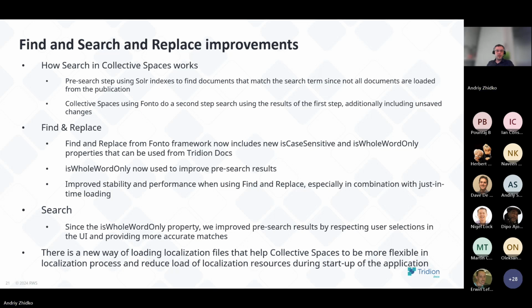Also, the Fonto framework gives us a new way of loading localization files that helps Collective Spaces to be more flexible in the localization process, and it greatly reduces the localization resources loaded during startup of the application, because previously we were loading the bundle of all localization files. Now we are loading only the localization based on the user language.